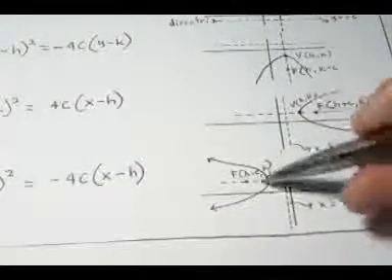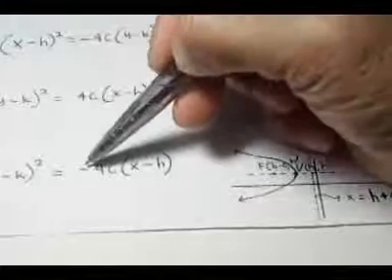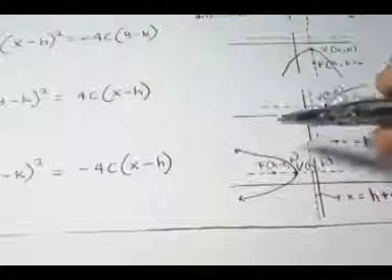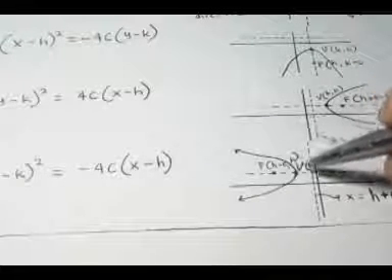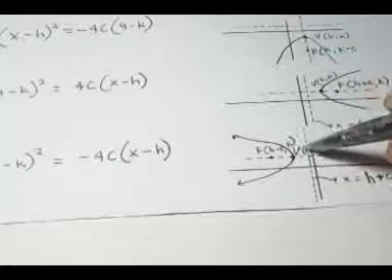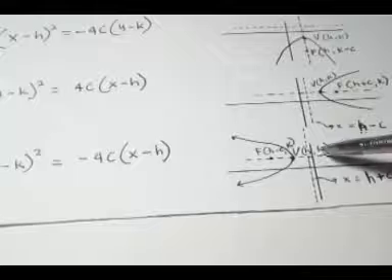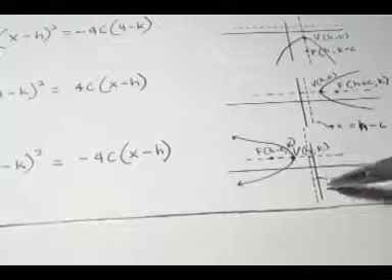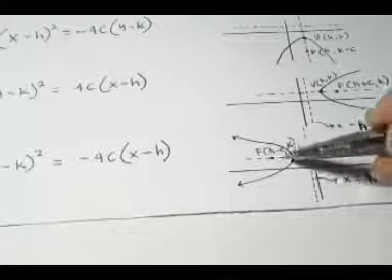If it is open to the left, what is changed here is only the negative sign, and its focus is at the point F with coordinates (h minus c, k). And the directrix is this vertical line, x equals h plus c. This distance is also c.